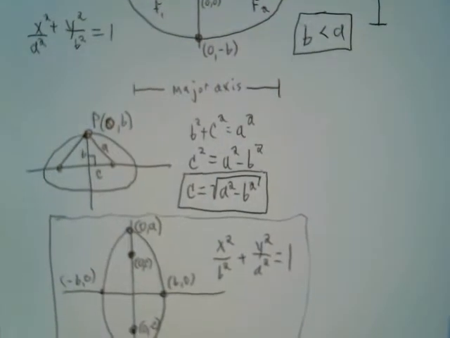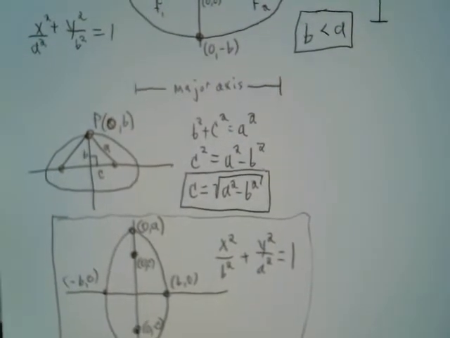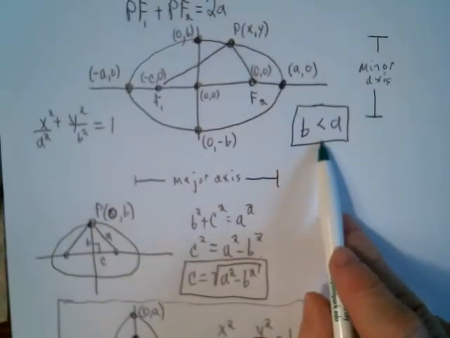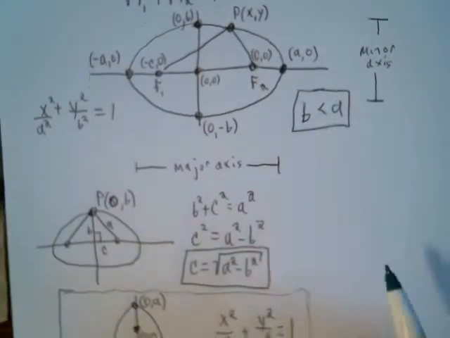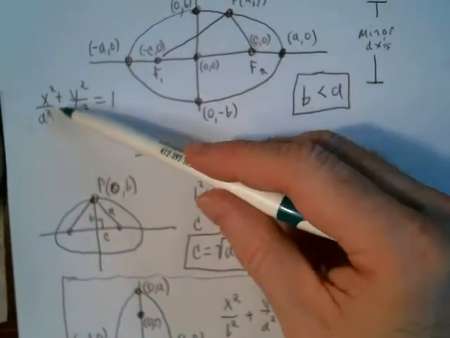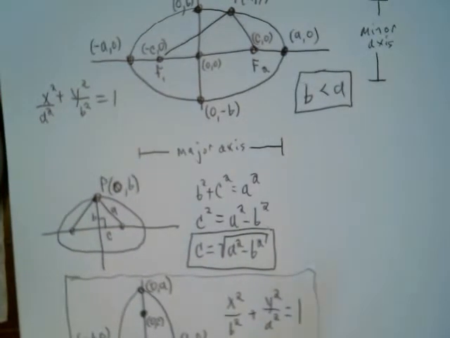In general, what you do is just look for the bigger number, and the bigger number is going to be the a value because of this inequality here. So when you're dealing with this formula, just look for the bigger number, and that's the a value.